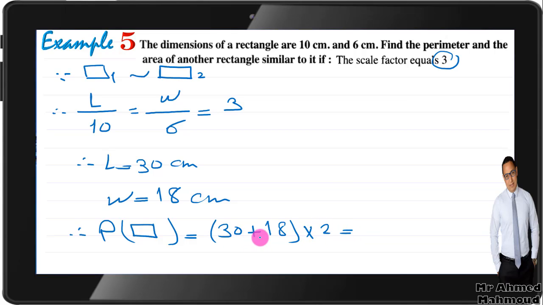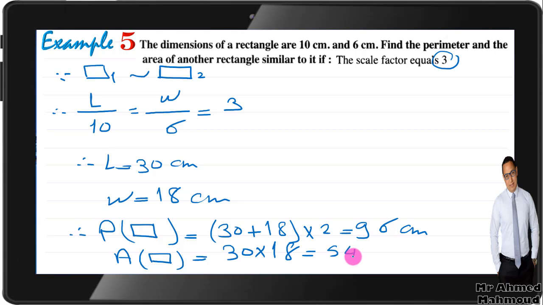This is 48 times 2, which equals 96 centimeters. And the area of the rectangle equals length times width: 30 times 18 equals 540 square centimeters.